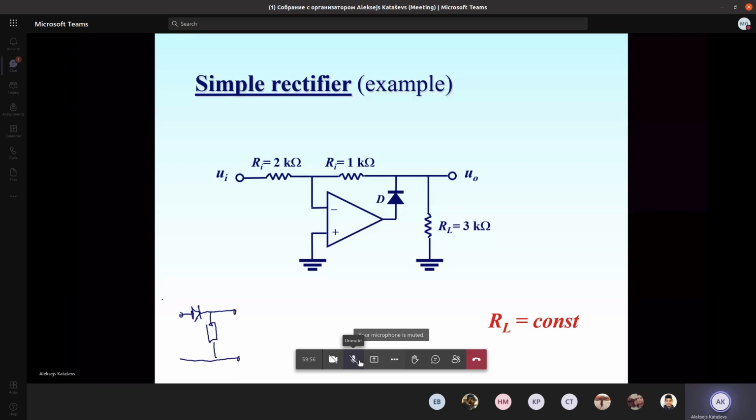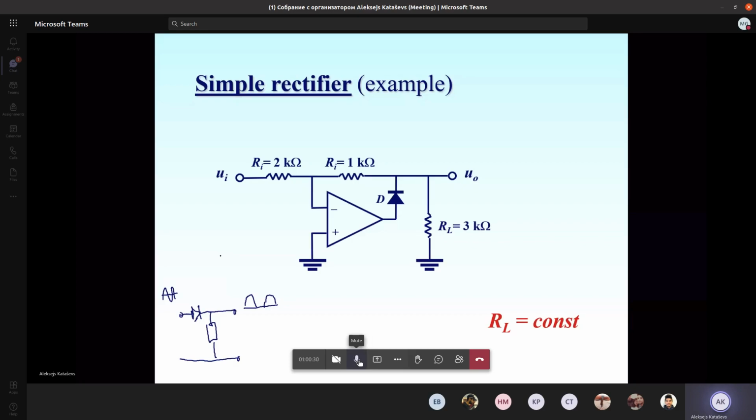If I have here some sinusoidal voltage, would I have here the accurate positive semi-waves of this input signal, or will they be distorted somehow? Is there any comment, please? Hello? Is there anybody in here? Okay, so any comment?